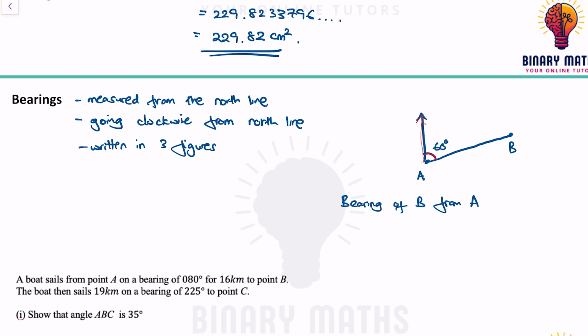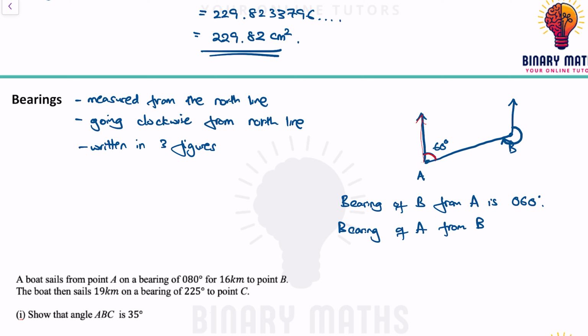It's 60 degrees, but you also need to write it in 3 figures, so it will be 060 degrees. If I were to do it the other way around, which is bearing of A from B, that means I need to draw a north line at B, and then from that line I need to go clockwise all the way until I hit the line that joins up to A.